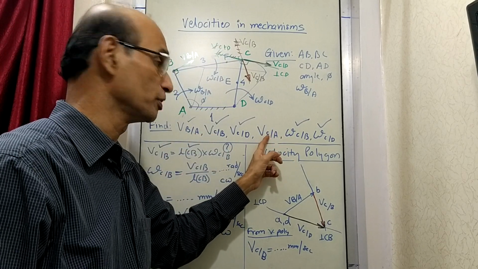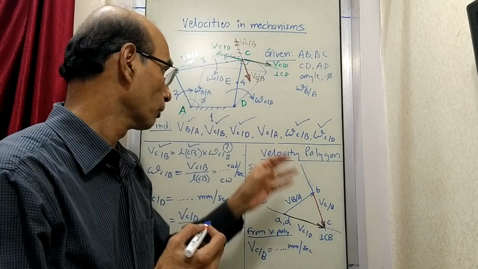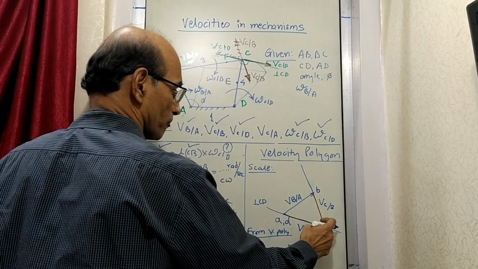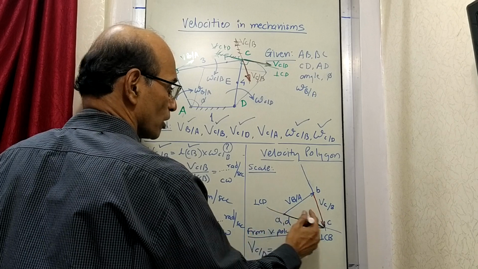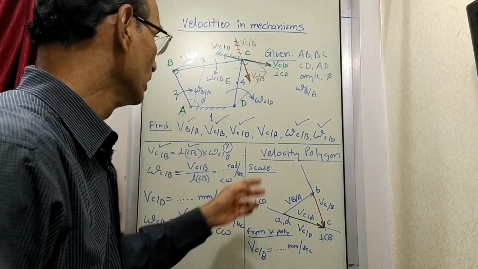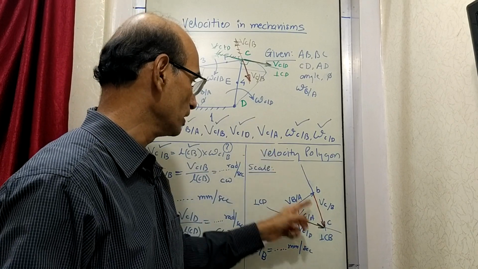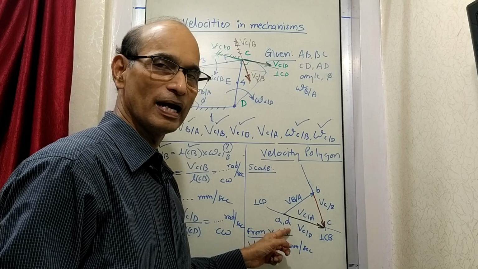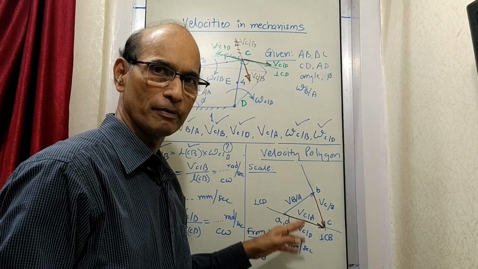What is the meaning of velocity of C with respect to A? You want to find out velocity of C with respect to A. Which is C? Here. Which is A? Here. So velocity of C with respect to A vector, you can find out by this letter: C should be the head and A should be the tail. Now since A and D are the same points, that means they are fixed points.